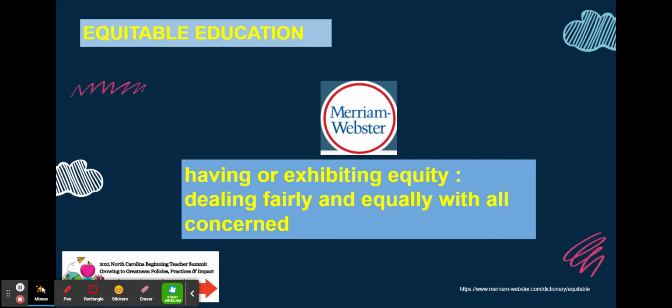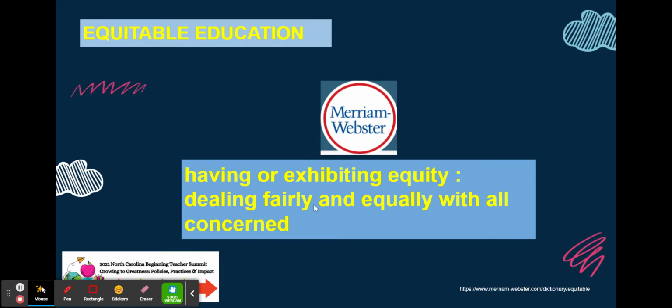Merriam-Webster shares the definition that equitable or equity is having or exhibiting equity, dealing fairly and equally with all concerned. And so that's really making that your view and broadening that umbrella because of the students and the community with whom we work very closely.